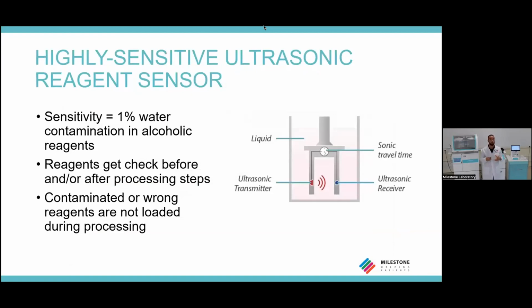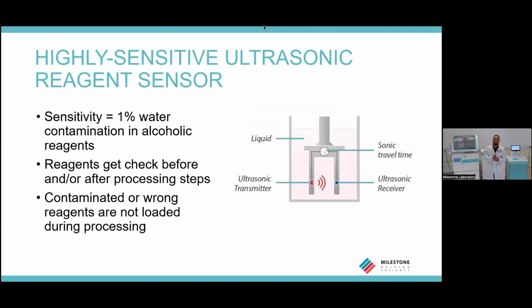Another recurring problem found in every laboratory is purity of the reagents. As you well know, using clean reagent is mandatory if you want to have a sample correctly processed. So Milestone put a particular sensor in its processor, a brand new model of alcoholic sensor that works with sonic travel time and allows checking purity before and after loading alcoholic reagent.